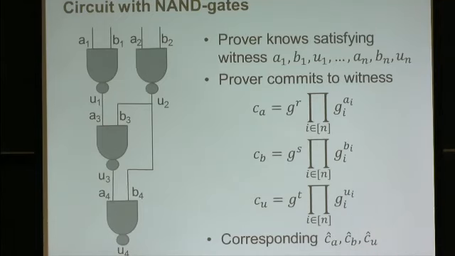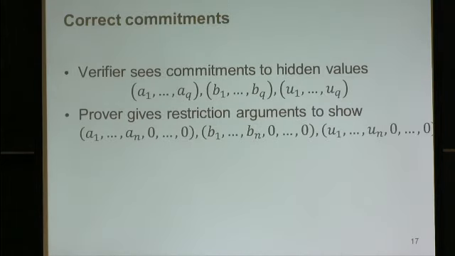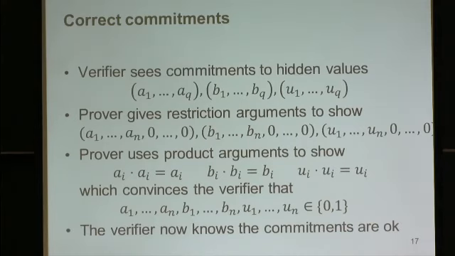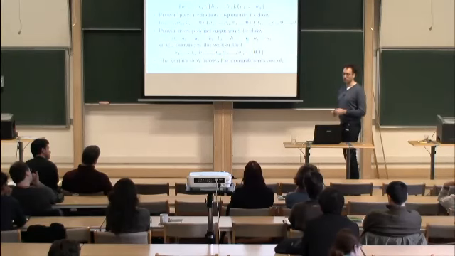So I just want to get rid of the garbage. Okay, so what this convinces the verifier now is that these commitments are okay, right? Inside each commitment, there are n bits corresponding to the wires, and these bits are 0 or 1.